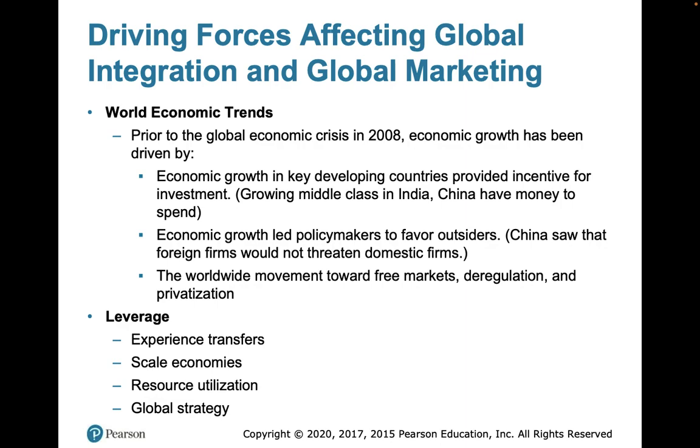All of these were prior to the global economic crisis in 2008, put in place in order to sustain the world economy, and today these economic trends are still what is being operated on.